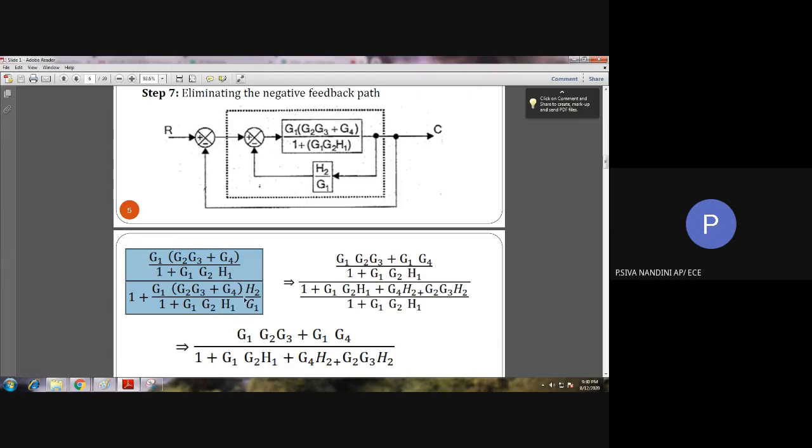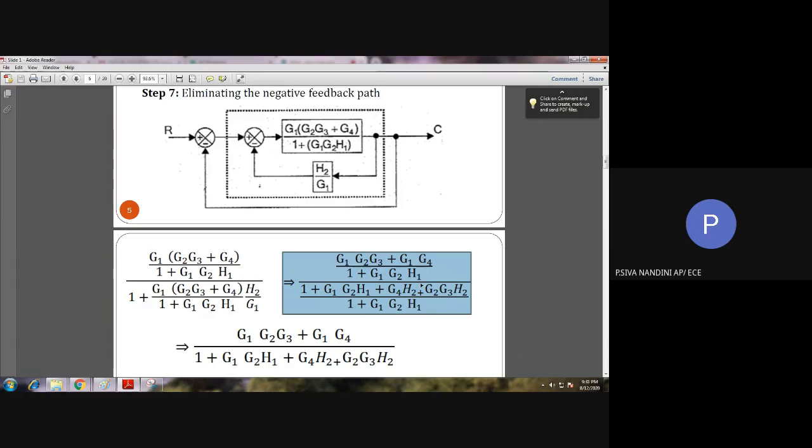We can cancel it, and then we can multiply this G2 inside G2, G3 and G4 into H2. After that, if you take LCM, we will be obtaining this equation. After taking LCM to the denominator part, we will be having this equation.